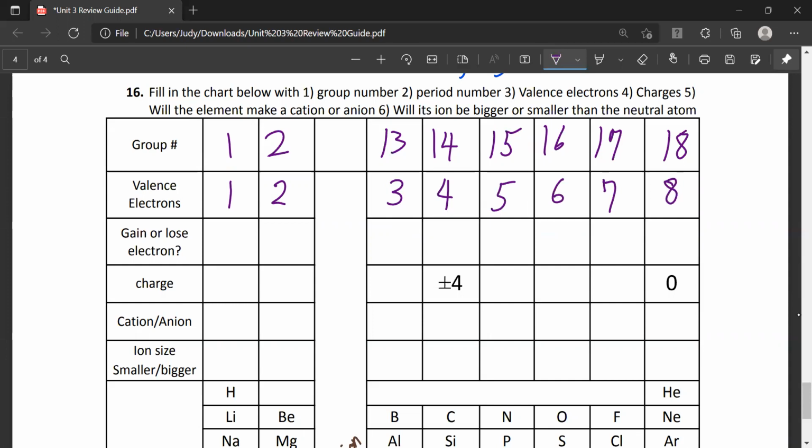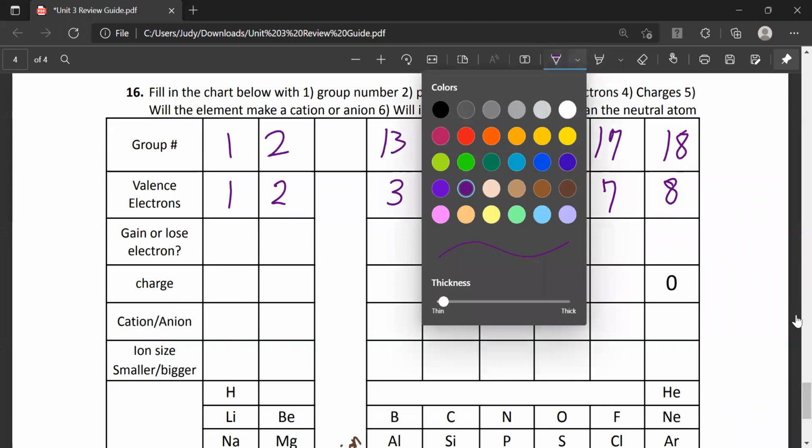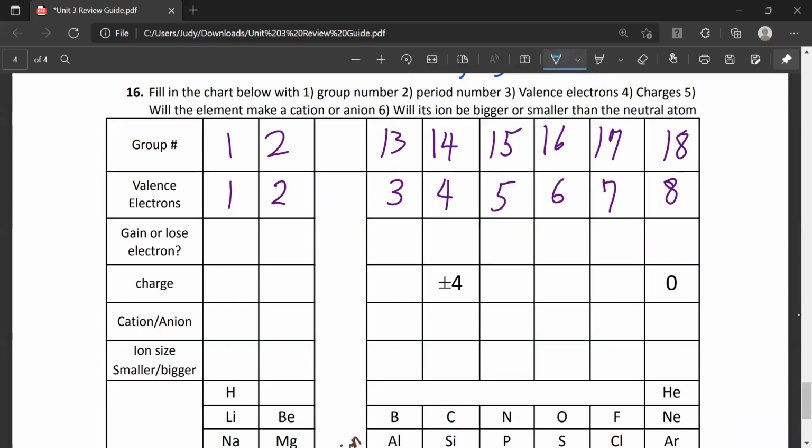An easier way that I remember is that if you have group 13, take out the 10 digit, and that will be 3. Take out the 10 digit, 4, 5, 6, and so on. That would be a good way to remember the valence electrons. Remember, valence electrons don't have a positive or negative charge.